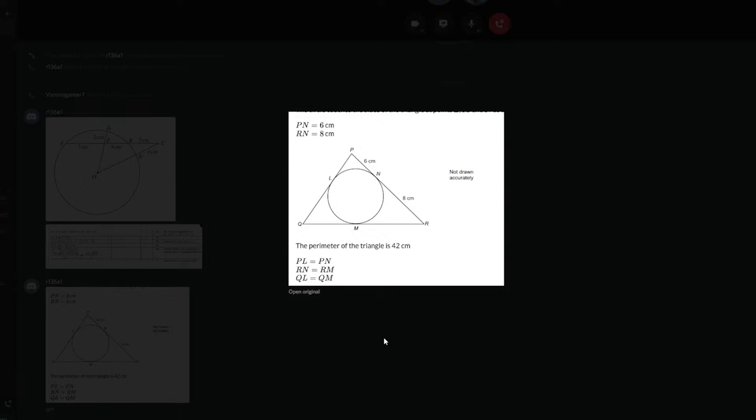So by Pythagoras you can find out that PM is 14 squared minus 8 squared, which is 2 root 33.